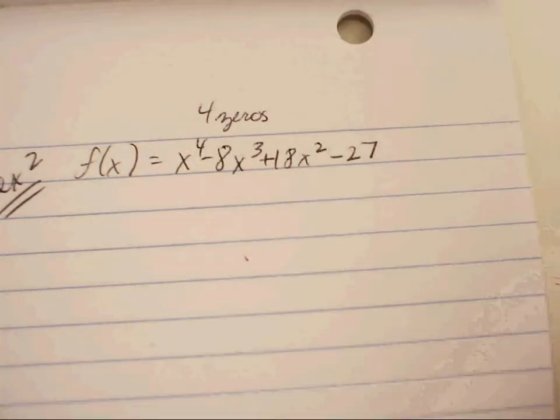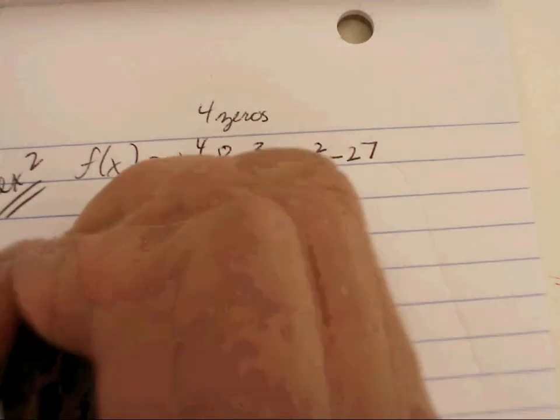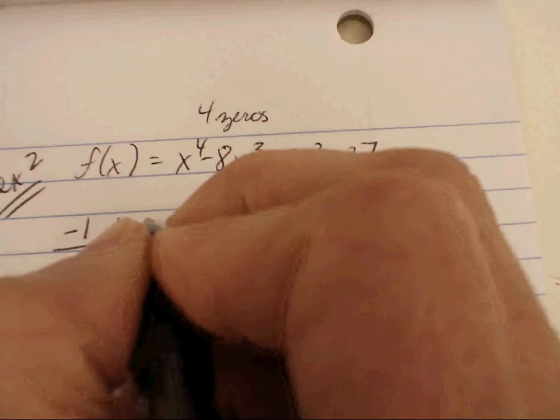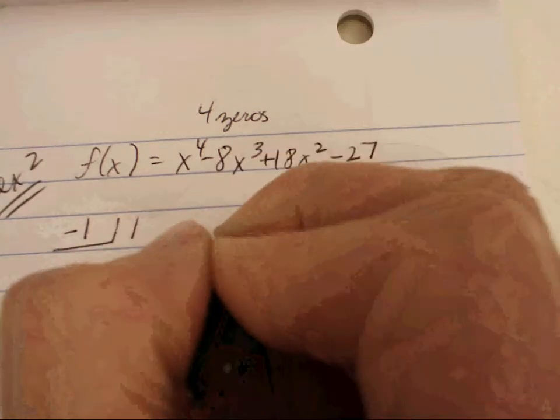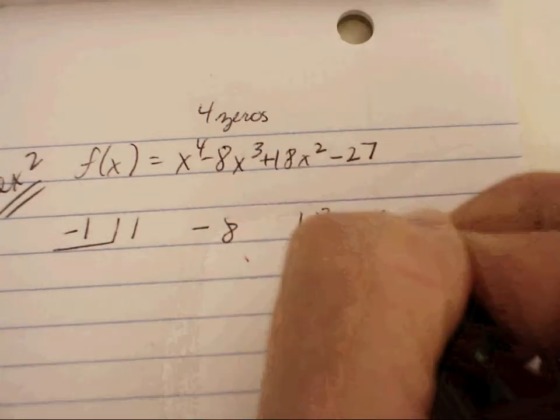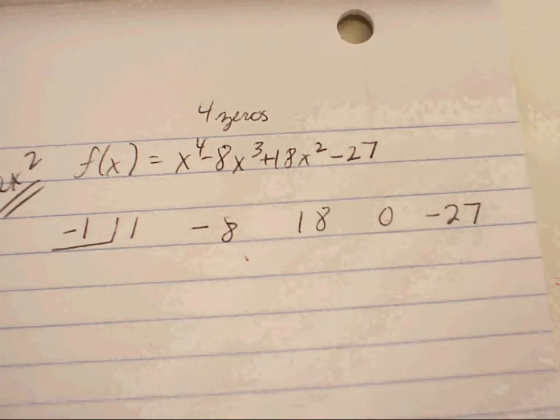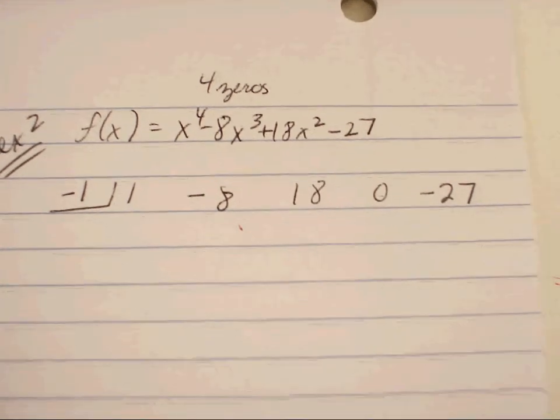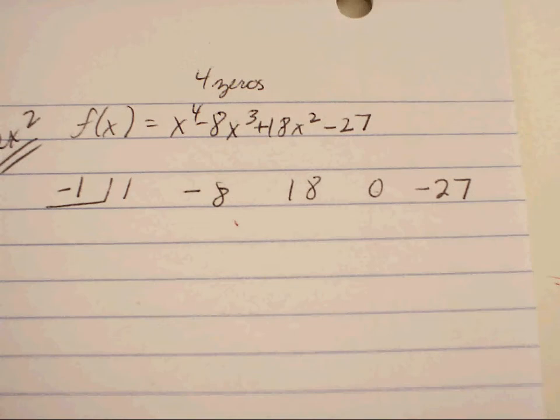What is it? 4 zeros. And because it said the word zeros in the problem, that implies that there's no imaginary solution. So if you graph this, -1 is the first hit you see on the x-axis.